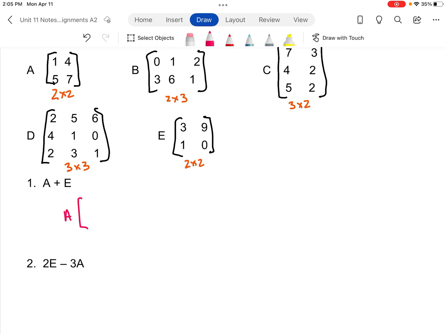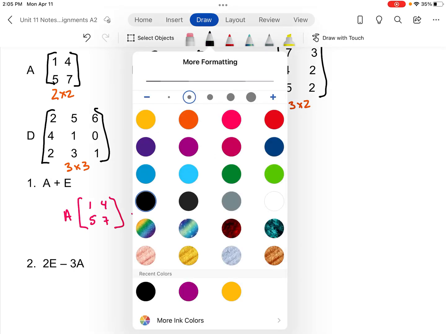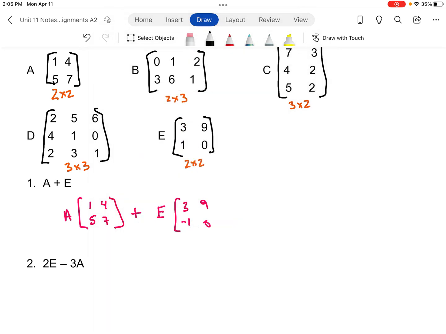So matrix A plus matrix E. That's a negative. Yeah, my negatives aren't showing up. Get these negatives in here real quick.